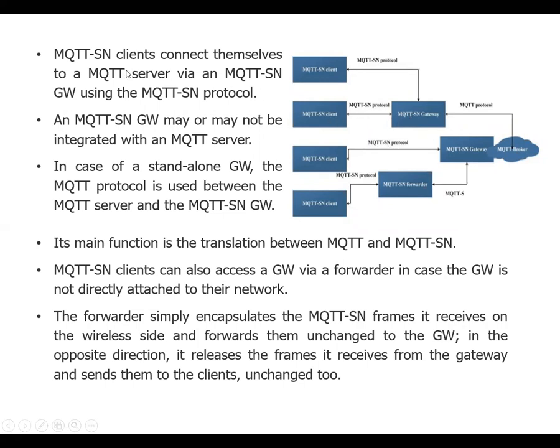MQTT-SN clients connect themselves to the MQTT server via an MQTT-SN gateway using the MQTT-SN protocol, as you can see in the figure. An MQTT-SN gateway may or may not be integrated with an MQTT server. So you can see the broker, it is connected to the broker, and it is an MQTT-SN gateway.